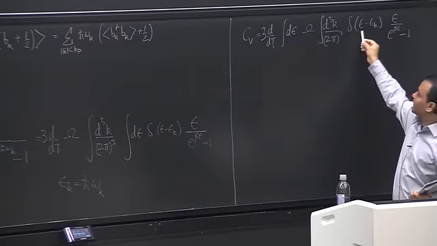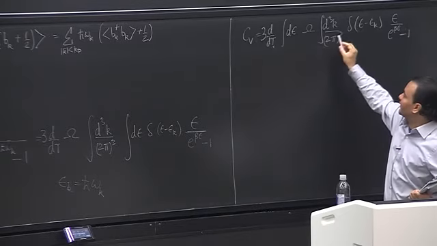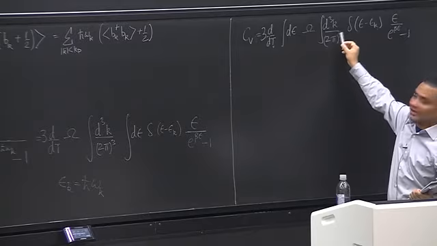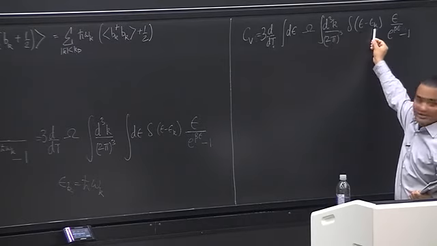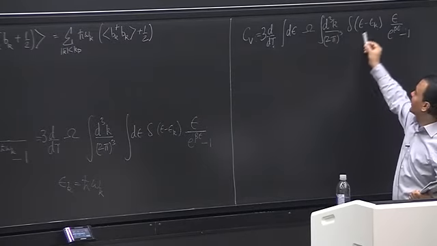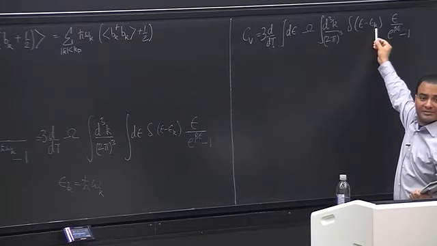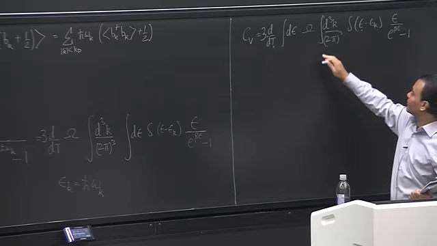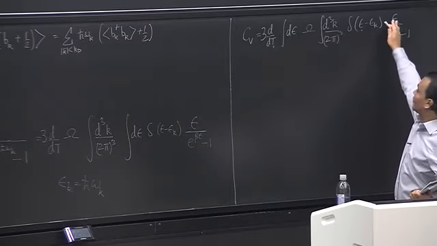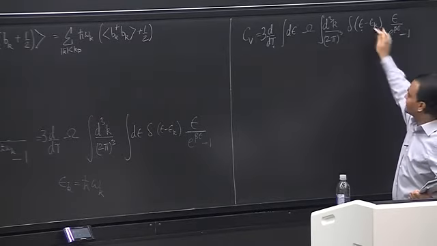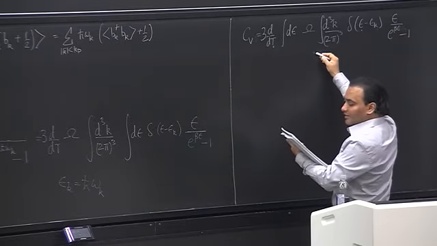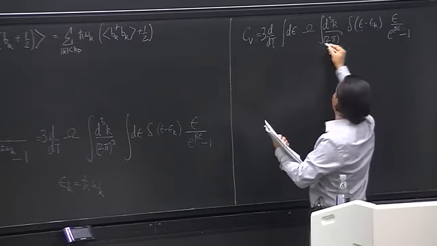What is this delta function? If we look at this delta function together with this integral over k, what it is doing is counting how many epsilon_k values have energy E. So there is no k dependence here. We can do this integral first, and this quantity is simply equal to the density of states.